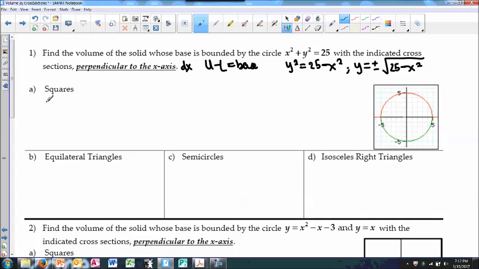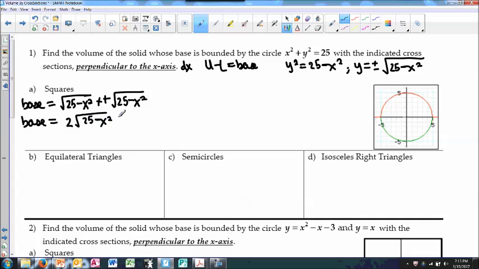So the upper minus lower for my base, or one of my sides, is the positive function, square root of 25 minus x squared, minus the negative function of negative square root of 25 minus x squared. Now minus and negative actually means adding. So my base is 2 square roots of 25 minus x squared. Now the area of a square is just side times side, or side squared.